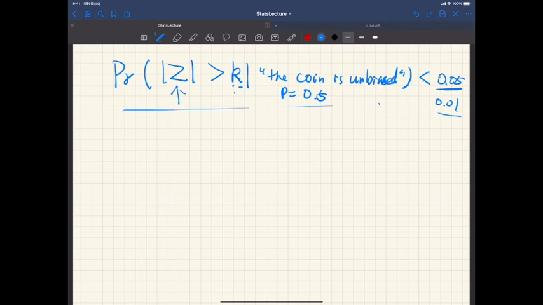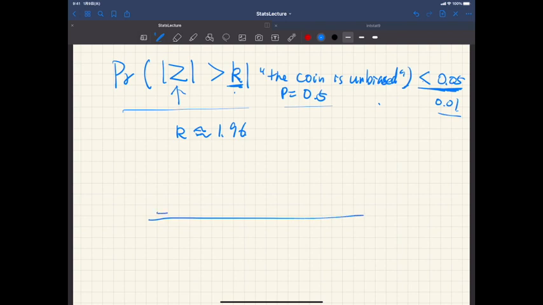Suppose we want to find the minimum value of k which satisfies this inequality, less than 5%. k would be about 1.96.